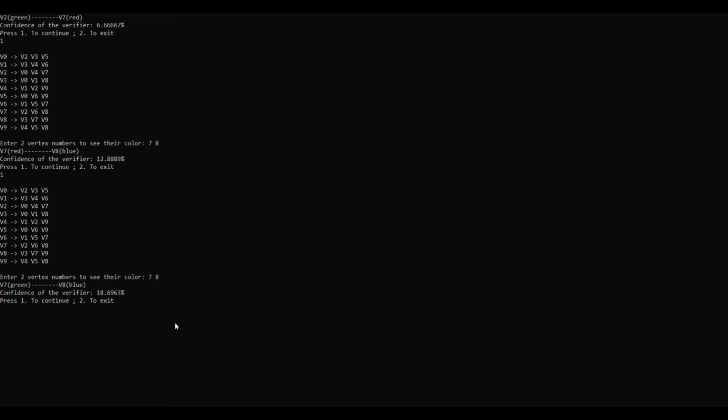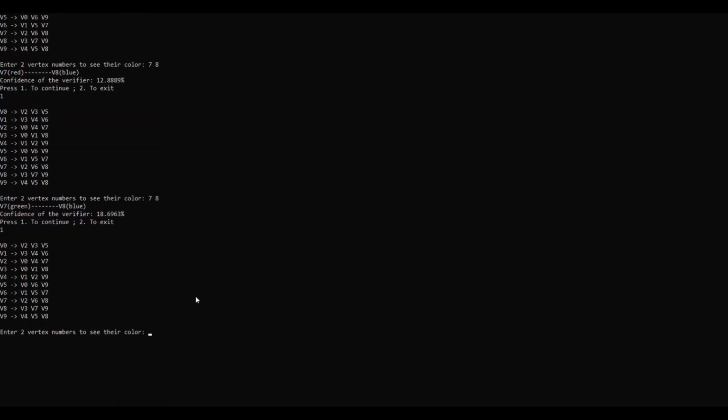Now, another thing to note is that if the verifier keeps on choosing adjacent vertices, his confidence keeps on increasing, but it never reaches 100%. This means that the verifier is never 100% sure that the prover has actually given the correct proof.